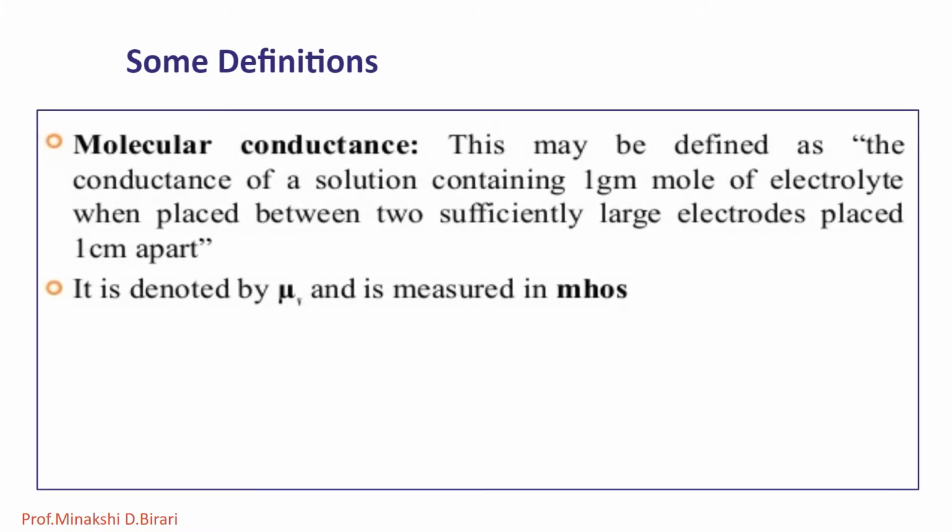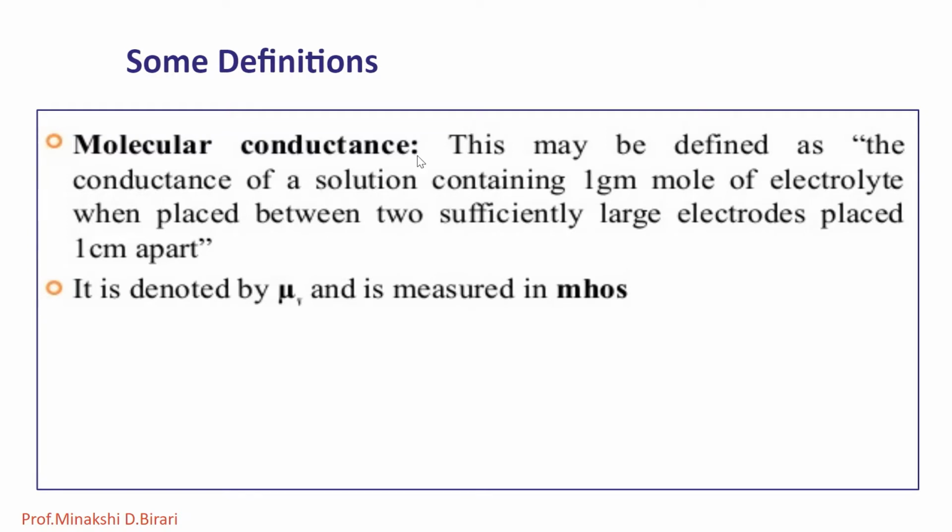Then molecular conductance. Molecular conductance may be defined as the conductance of a solution containing 1 gram mole of electrolyte when placed between two sufficiently large electrodes placed 1 centimeter apart. And molecular conductance is denoted by μ and it is measured in mho.